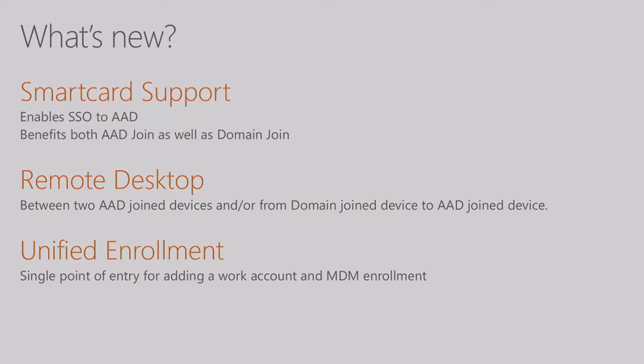So what we've gone ahead and done is minimize the confusion. There's one single unified entry point. This was the same one that I just showed you, that connect button. You enter your email. If it's Azure AD, we'll go through that flow and add that account with the policies coming down. And if it's just an MDM enrollment, that'll just happen seamlessly as well.